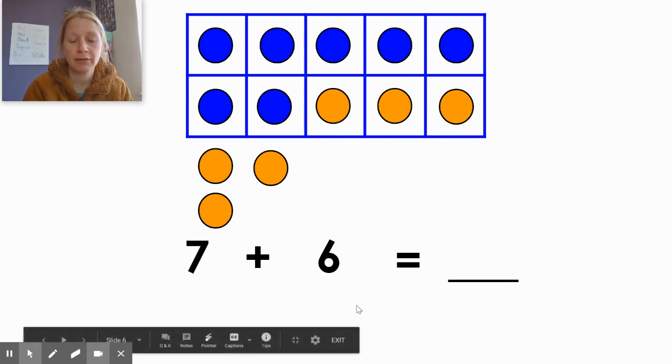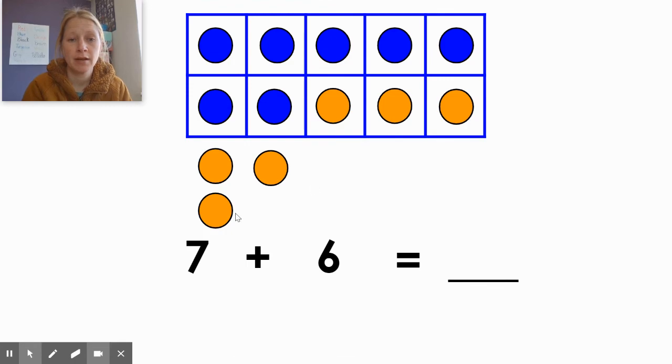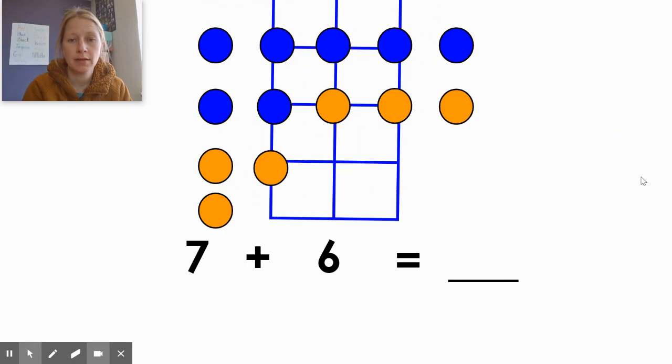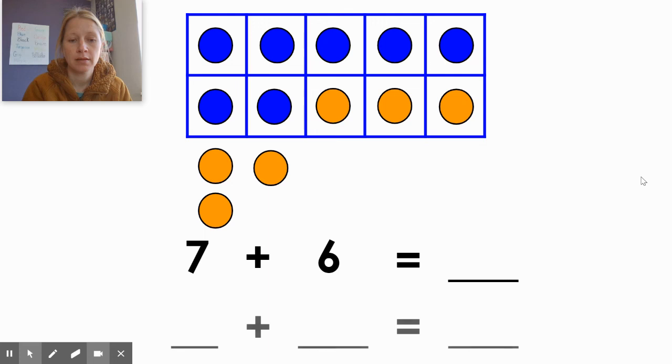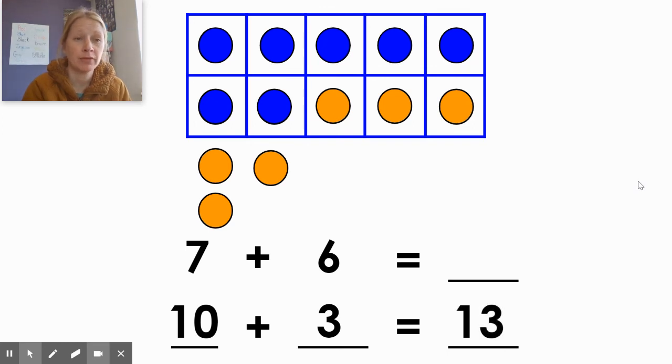So now instead of 7 plus 6, I have 10 plus 3. 10 plus 3 equals 13. That's something I can do very quickly in my head. So when I'm trying to figure out what 7 plus 6 is, I can automatically take 3 ones away from my 6, put them with my 7 to make 10, and then I know I have 3 ones left over to make 13.